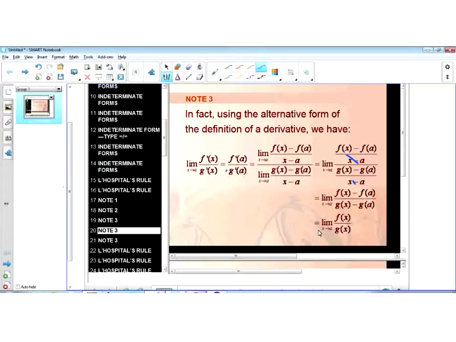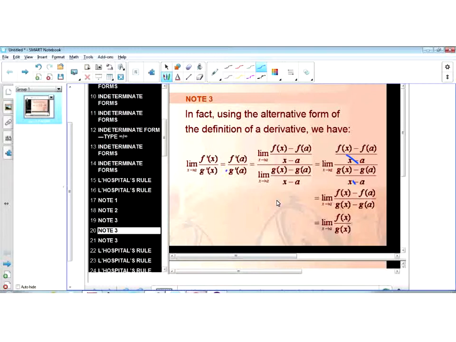Okay, and so we have f of x minus f of a. This becomes the limit as x approaches a of f of x minus f of a divided by g of x minus g of a.